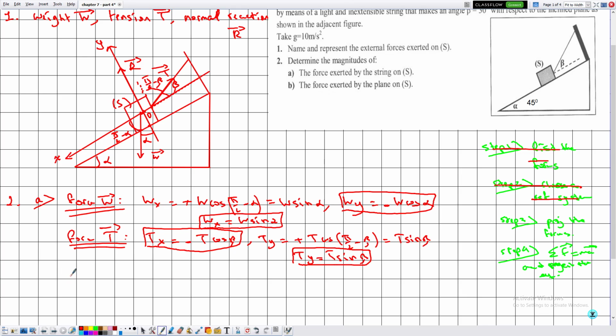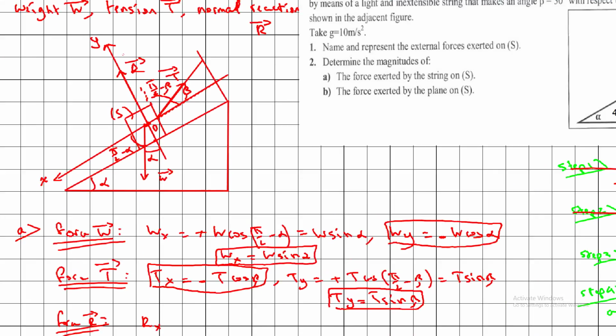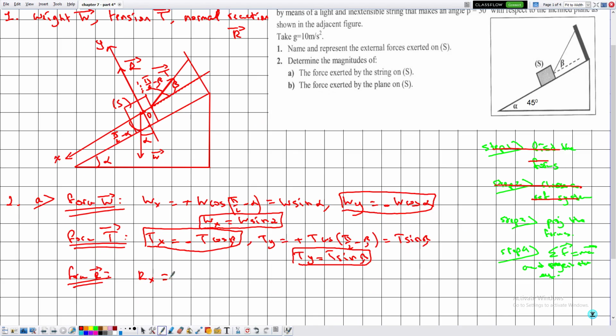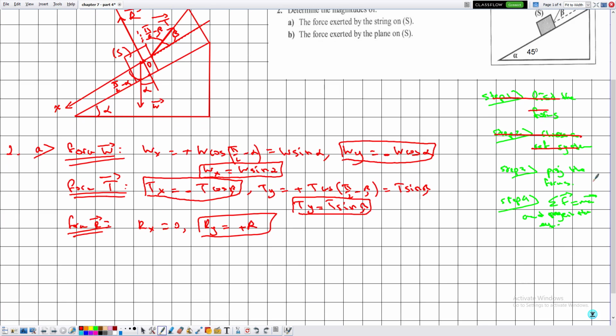Now, as for the force R, notice that R is completely lying along the y-axis, so Rx is 0. As for Ry, it's plus R, because it's pointing in the positive direction. Now we are ready to apply Newton's second law, which is given by the sum of forces equals ma.